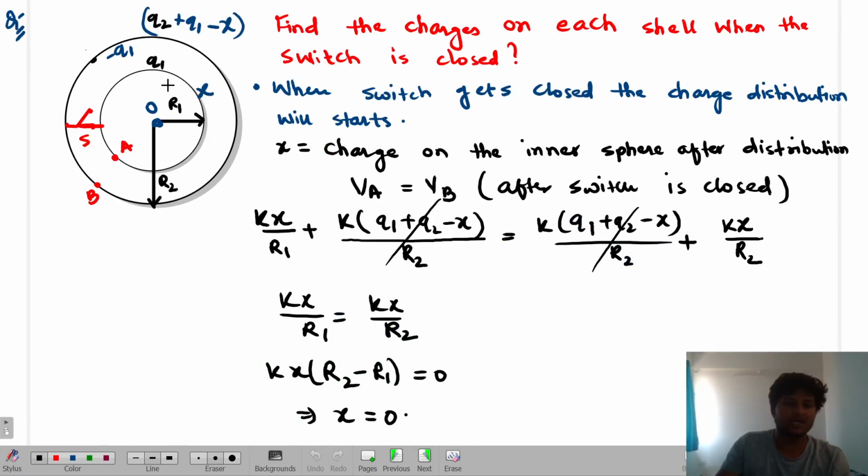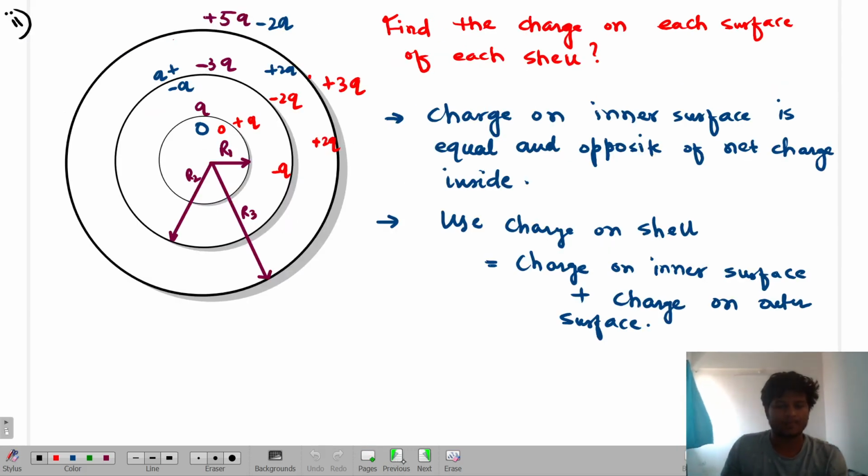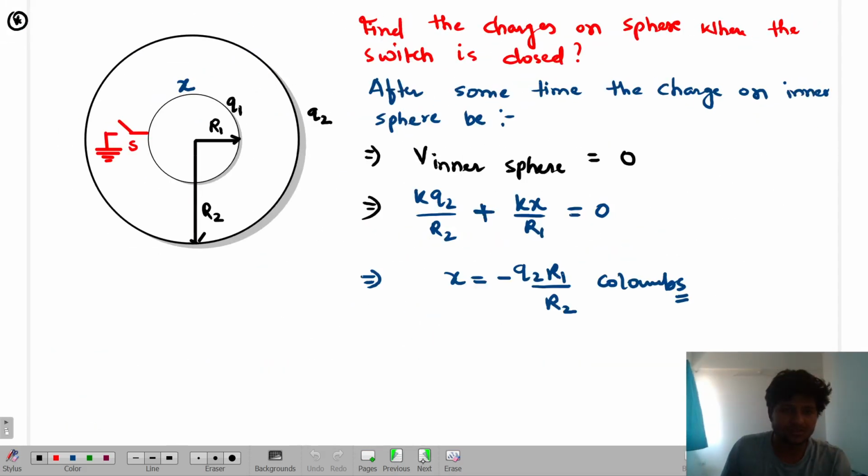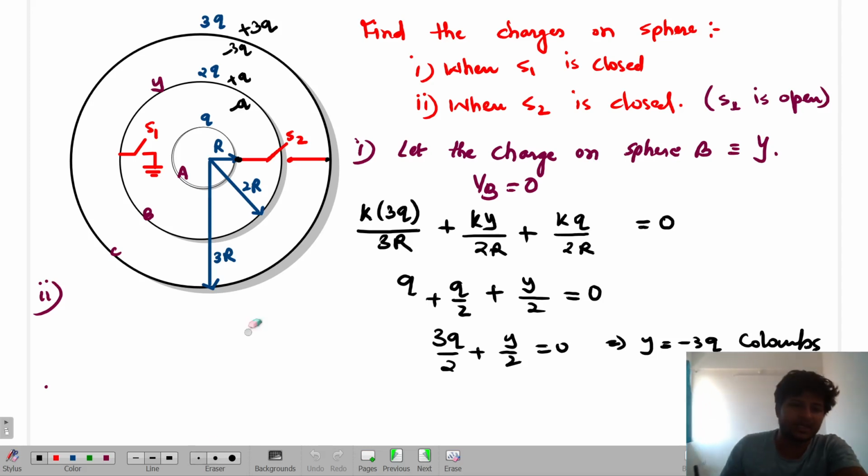So what you got to know is that whatever is my net charge, it appears on the outer system, isn't it? Yes. So that is the induction process which we will get.